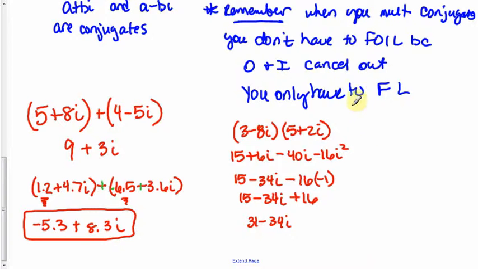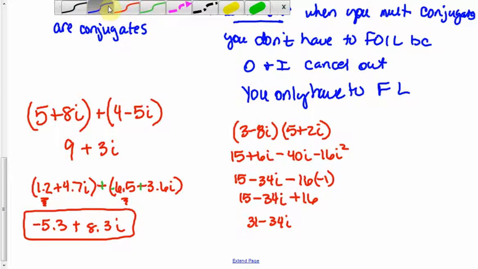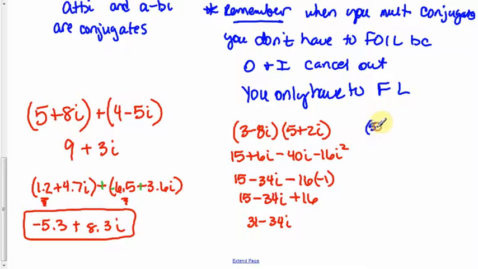Okay, let's multiply a set of conjugates. We talked about conjugates up here. If we FOILed the whole thing out, we would end up canceling the O and the I, right? The outer term and the inner term, or the outer product and the inner product.